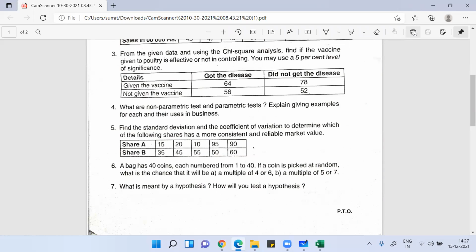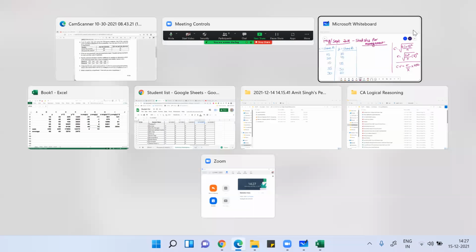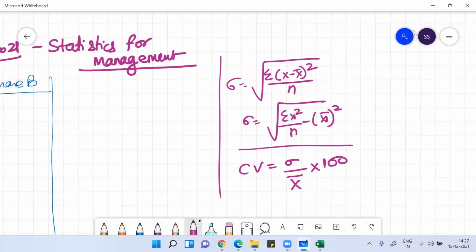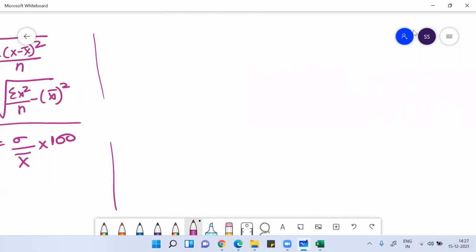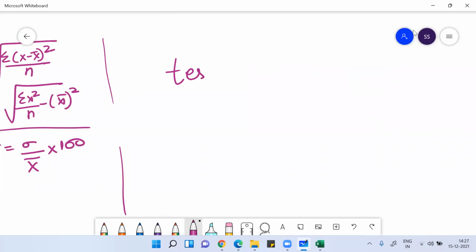To determine which one is more consistent, we use the coefficient of variation.